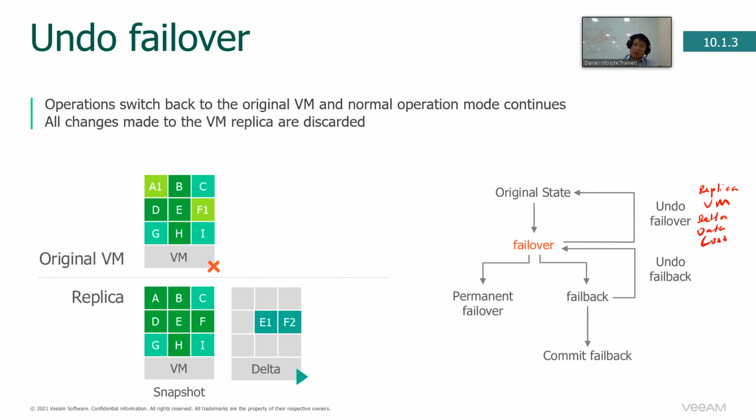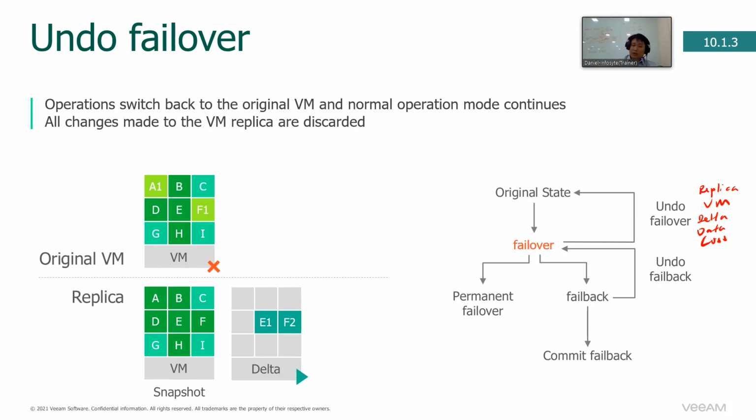That's why if your failover has been done and your virtual machine replica is stable, you announce it as the new VM service, and your clients already have data changed in it, we do not select undo failover, because it will incur another data loss.